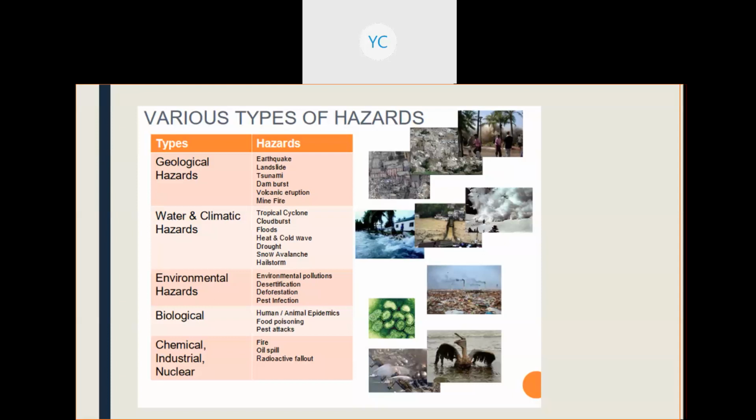Because of this reduction, the neighborhood air will try to fill up those void spaces, and in the process a cyclone forms. The cyclone travels from one place to another, and the moment it comes to the coastal areas and crosses the land forms, we call it a cyclonic event.